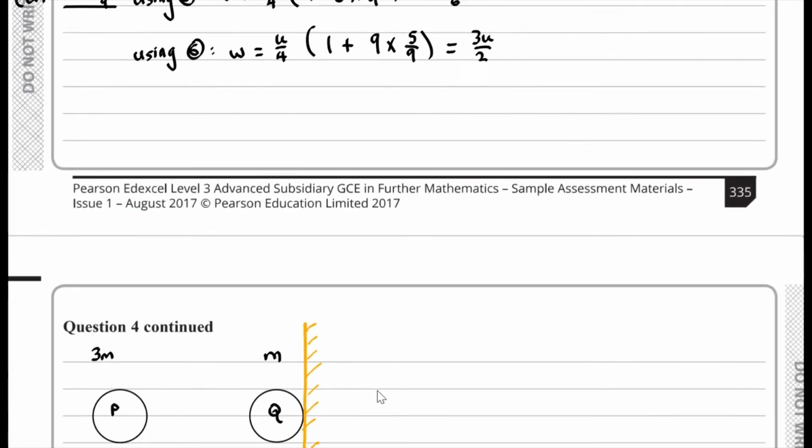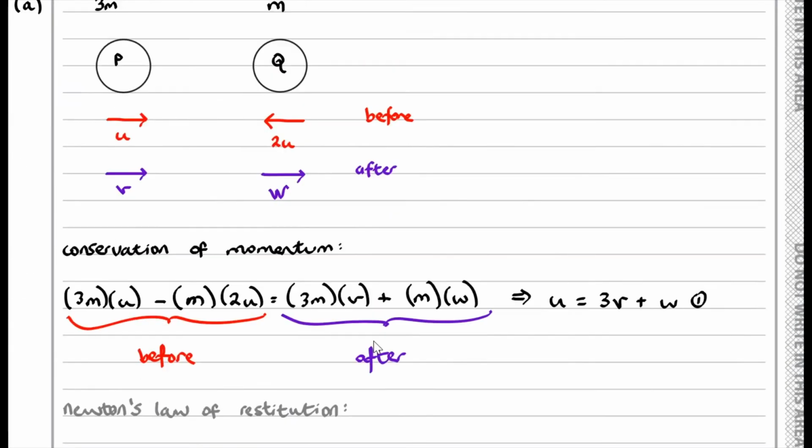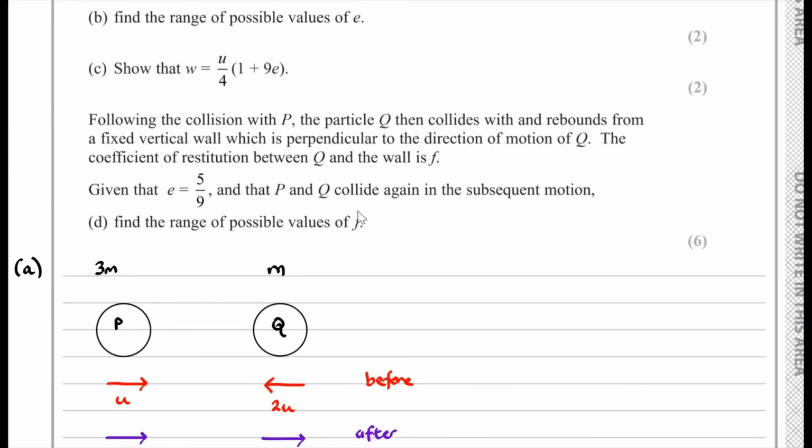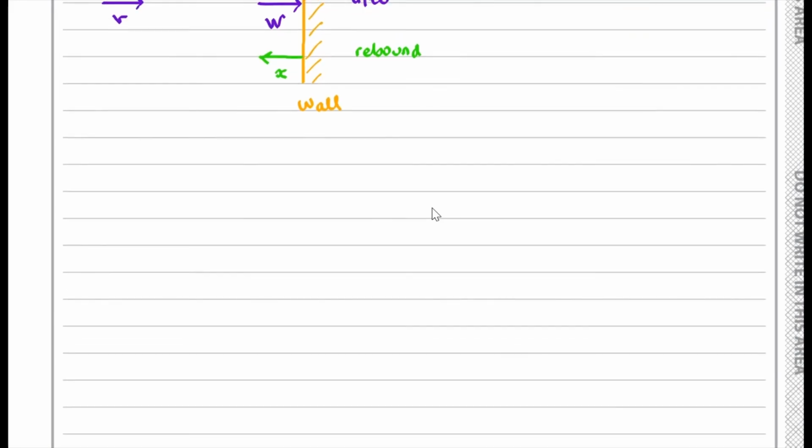Okay, so we know that the coefficient of restitution between Q and the wall is F. So what we have over here then is F equals the speed of rebound over the speed of approach.